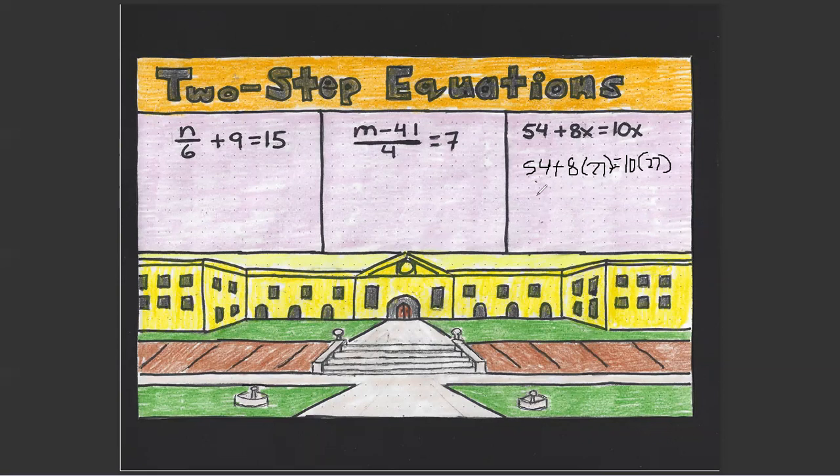And let's see if that works. And so we have 54 plus 216. Is that equal to 270? And the answer is yes, because 54 plus 216 will give me 270, and 270 equals 270.